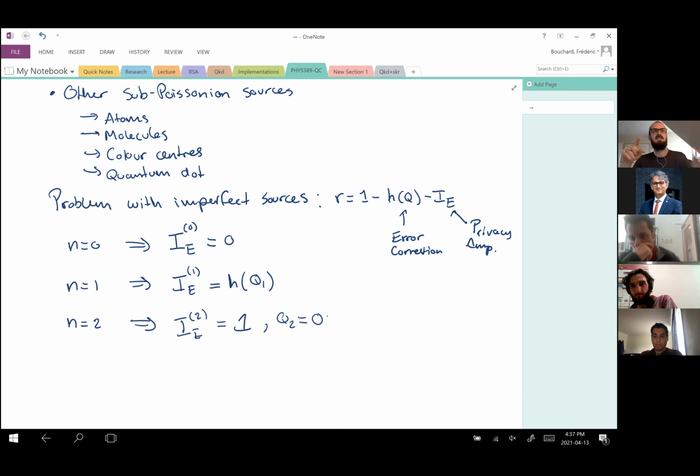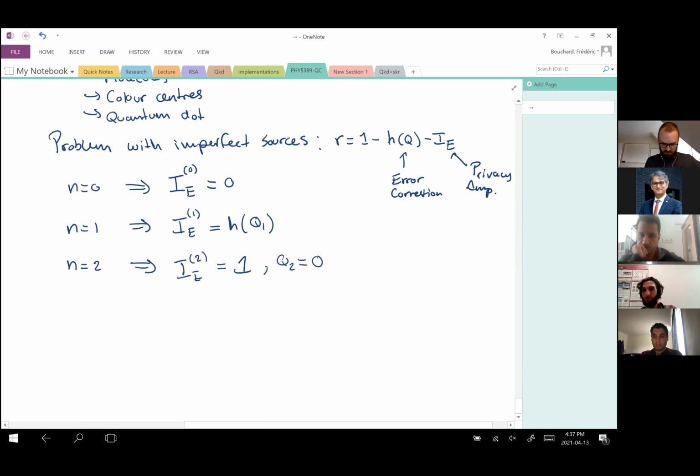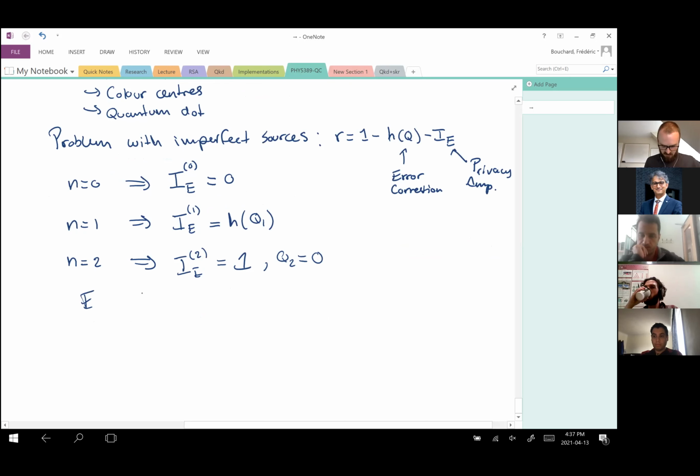So that was one of the things people started to realize: if you just use a laser source, you're going to run into these kinds of problems. Eve is doing what's called a photon number splitting attack. Does that make sense? Perfect.